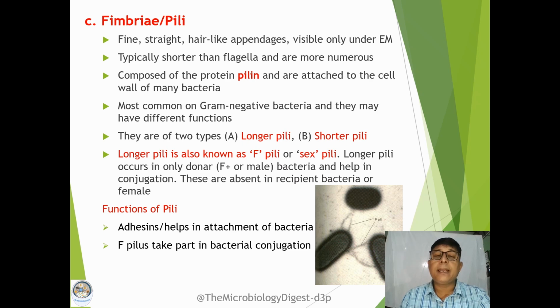They mostly take part in the conjugation process, when there is transfer of genetic material from one bacterium to another. So the function of sex pili is to take part in the conjugation process. What happens in conjugation? There is transfer of the genetic material from one organism to another.